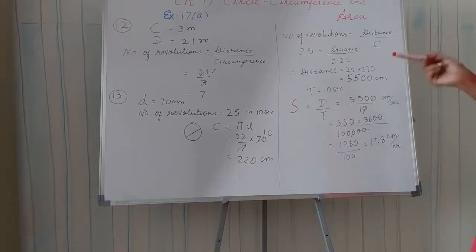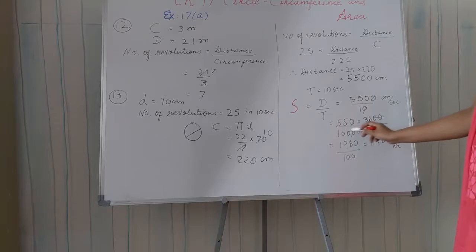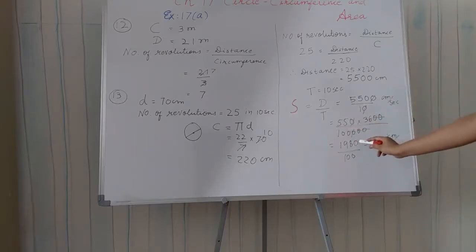into 60. And to convert into kilometer, for that 1 kilometer is 1000 meter and 1 meter is 100 centimeter. So 1 lakh we have to divide here and 3600 we have to multiply. So accordingly 2 zeros get cancelled. Here 10 gets cancelled. So 5 multiply 36 we get 180, so 1980 divided by 100.